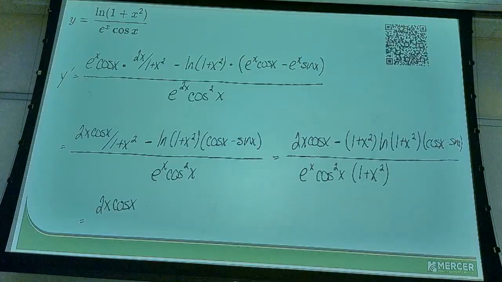That's going to stay the same. I'm going to use one of the log laws here. And I'll write the cosine out in front.